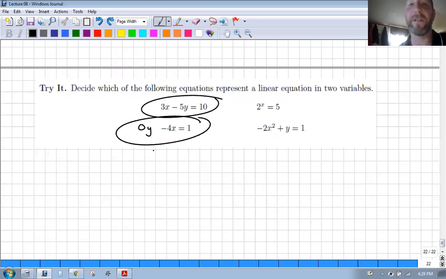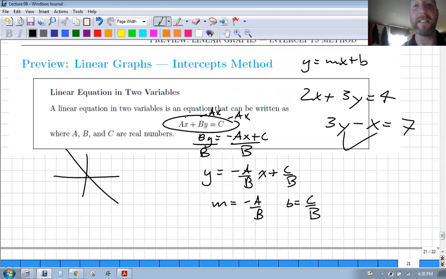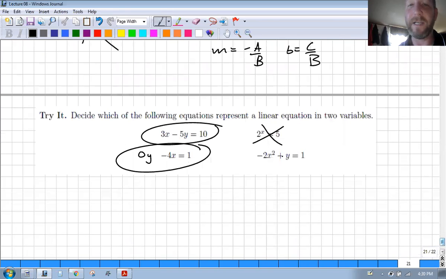So yeah, that's a linear equation. This one, the x is in the exponent. Oh no, that doesn't fit this. You don't see an x in an exponent. It has to just be a number times x. This guy here, the x has an exponent on it. This is an x squared. So no. The reason why is if you graph the solutions to that, instead of being a straight line, it's going to be a curved line.